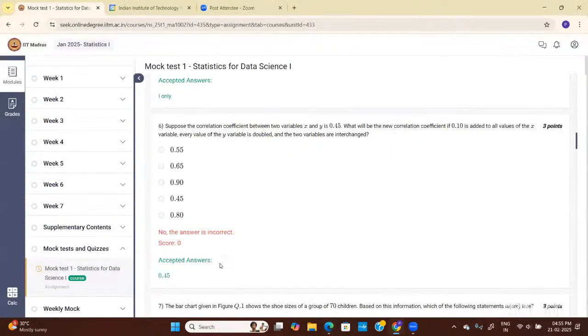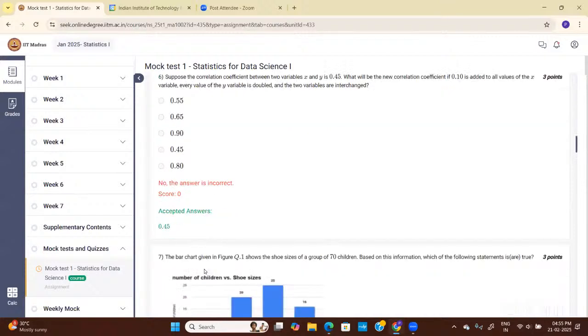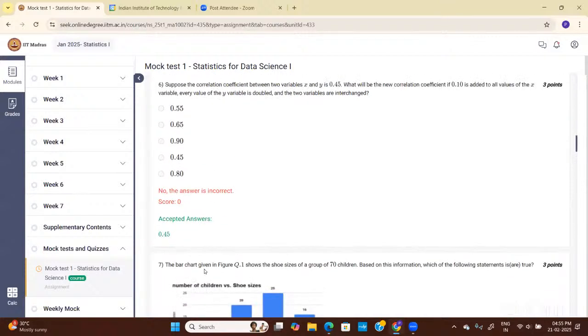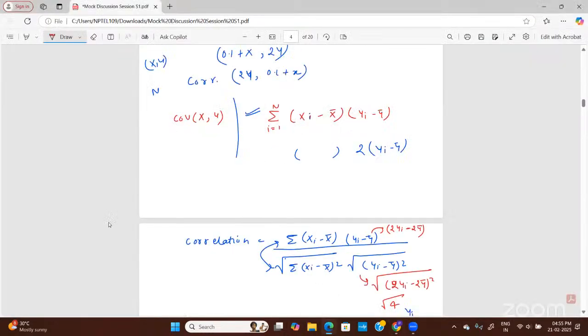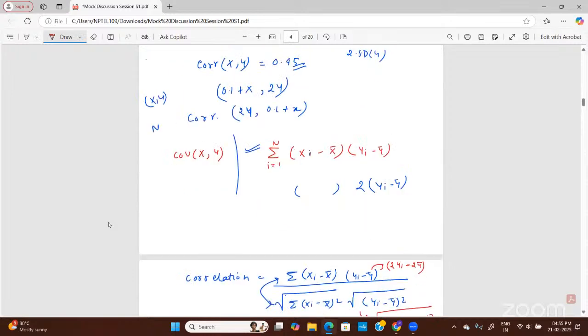Okay, ma'am. In the formula of correlation, when you go above to the formula of covariance, ma'am. Covariance, yes.